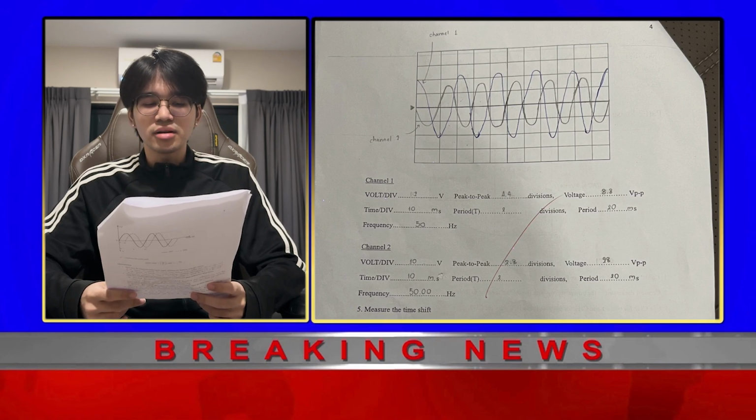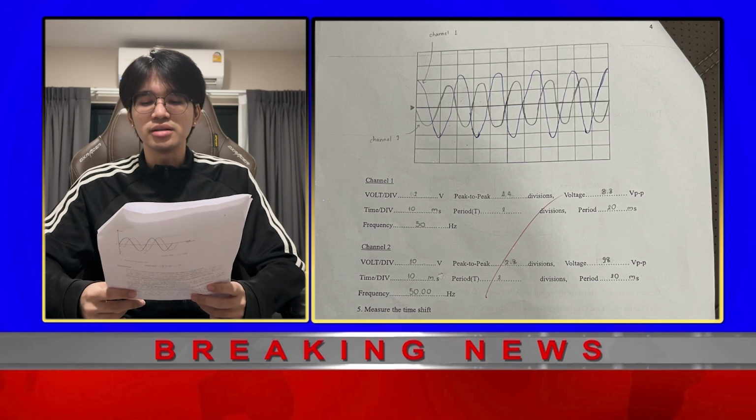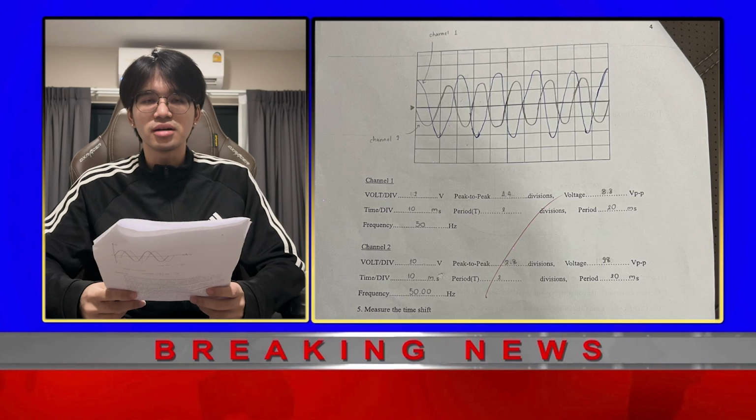For time, we have 10 millisecond divisions. The period is 2 divisions, so the period is 20 milliseconds. From the period we can get a frequency, which is 50 Hz.